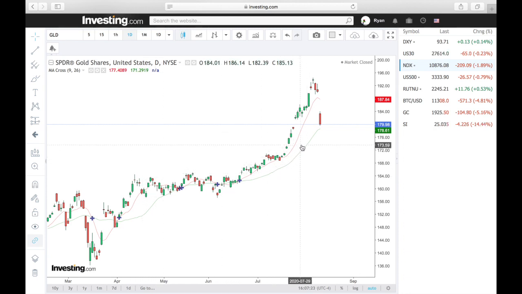So in terms of where supports are, there is a lot for GLD, a lot of minor ones. So GLD does need a lot of momentum to continue on this bearish run, especially with all these historical price action patterns in its way, so that it needs to break through and just continue on downward.